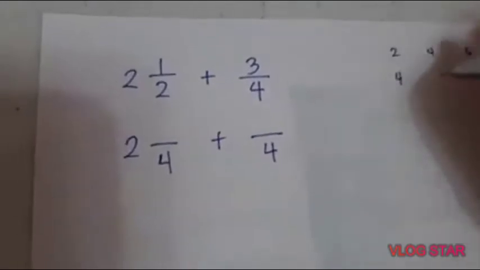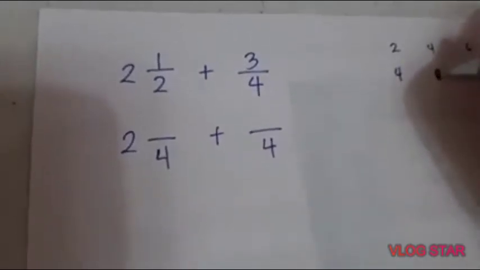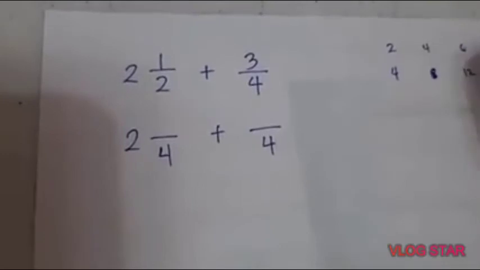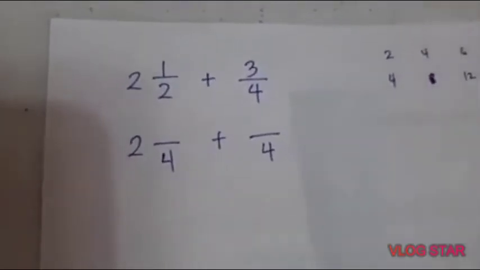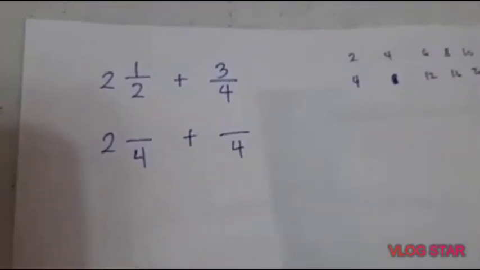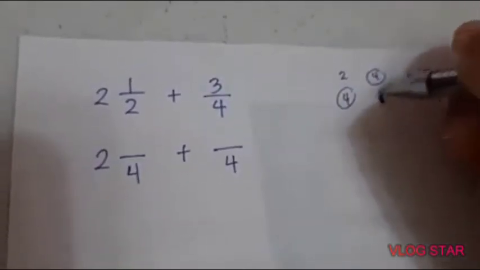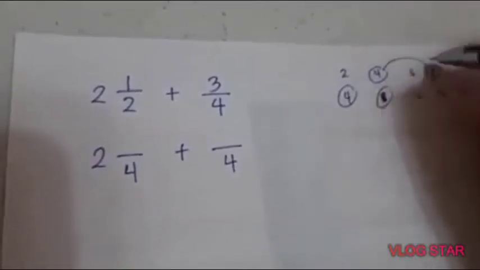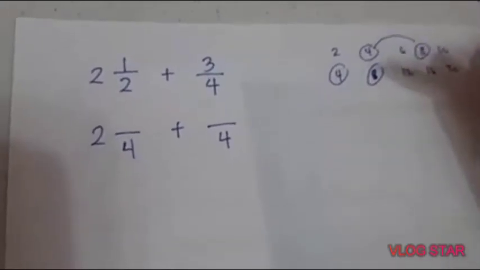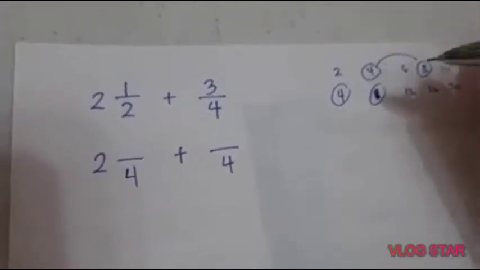Then 4, 8, 12, 16, 20. Looking at the numbers, the common multiple is 4. We also have 8, but we are going to use 4 because we are looking for the least common multiple.